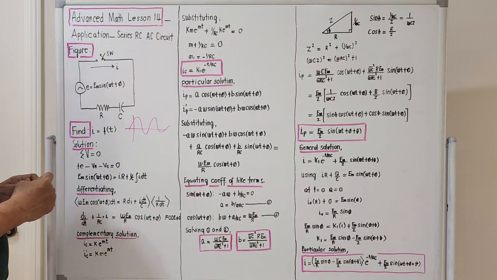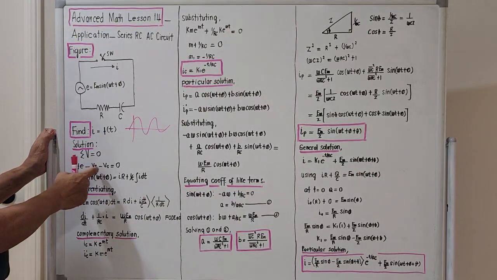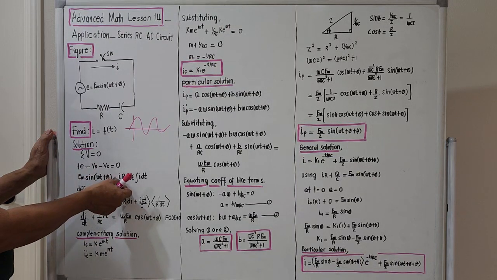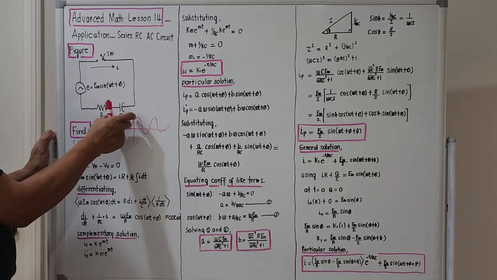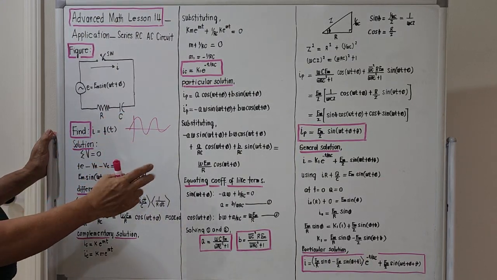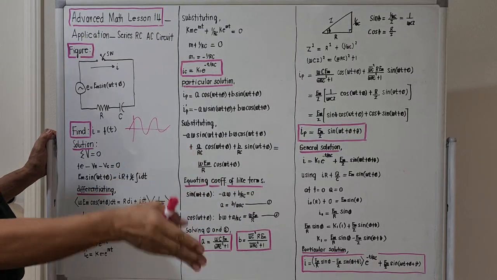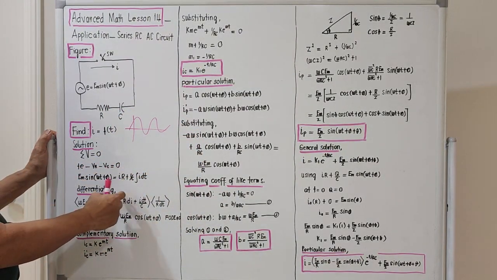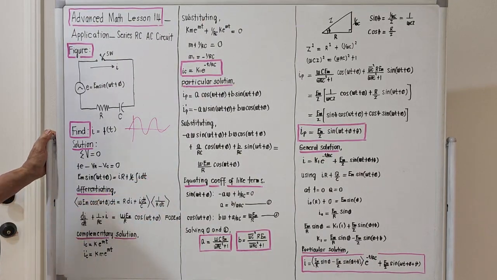I will transpose V sub R and V sub C to the right. The voltage across the resistance is IR, the current passing times the value of the resistance. The voltage across the capacitance, which we have derived already from the previous discussions, is 1 over C times the integral of i dt.